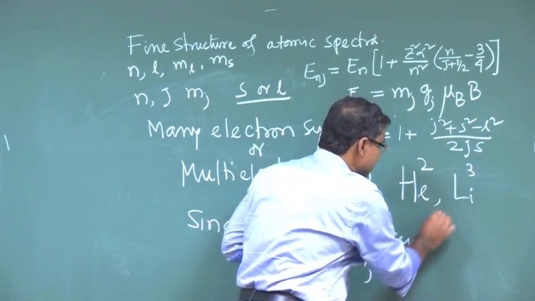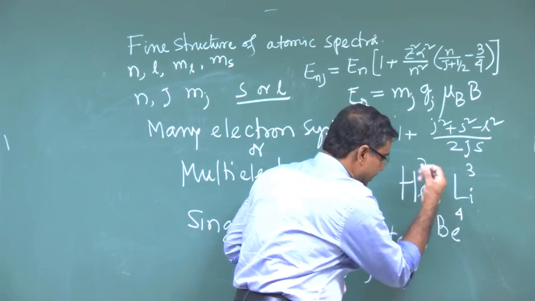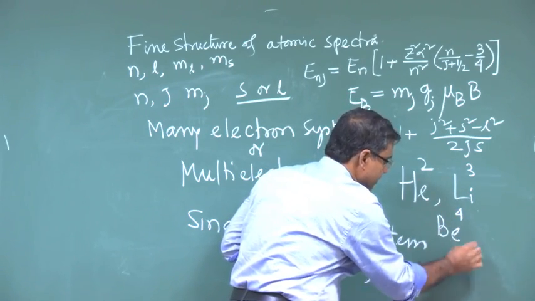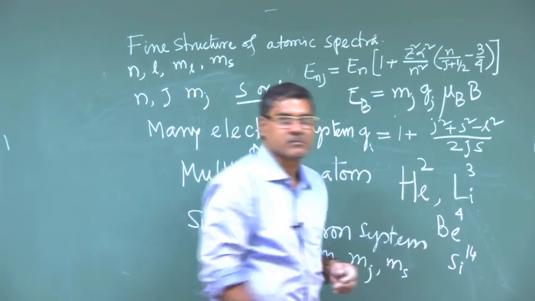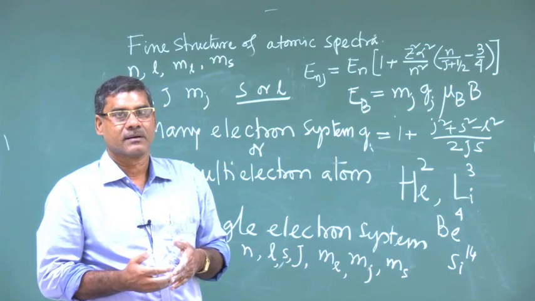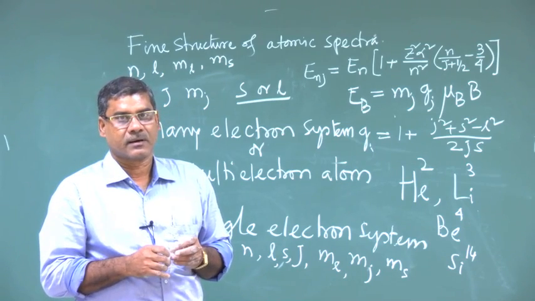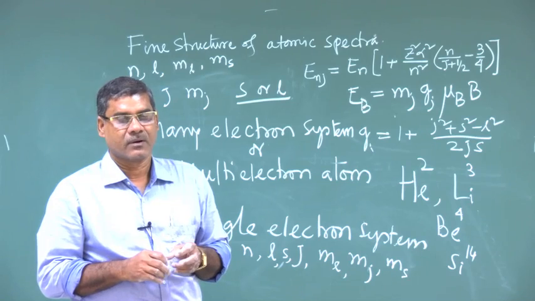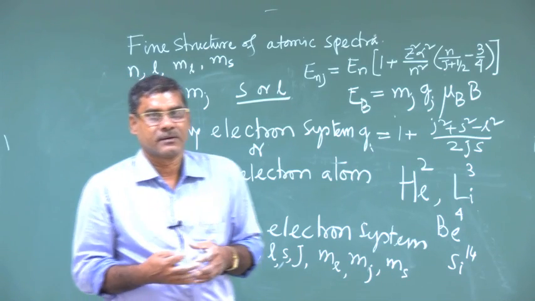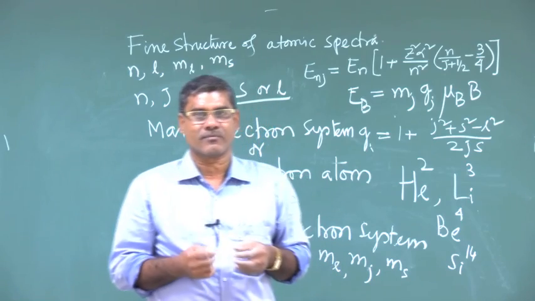Then beryllium has 4 electrons, then if you take any one, say silicon, it has 14 electrons. Okay. So, now for multi electrons, more than 1 electron, how can we study the atomic spectra, or how their structure, how the electrons are arranged in the atom.